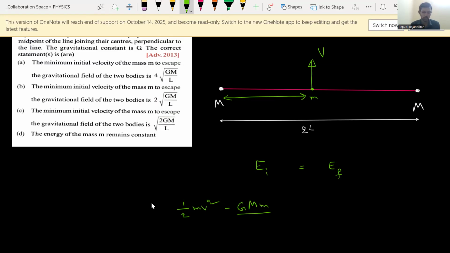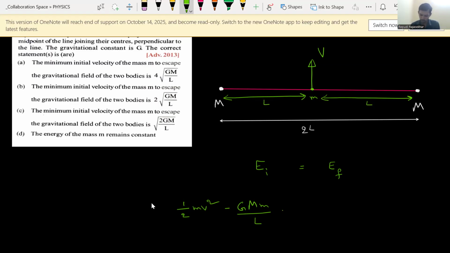Total length is 2l given, right? That means what is the distance between one particle and the midpoint? L. Similarly, the distance between the particle and the other mass is also L.